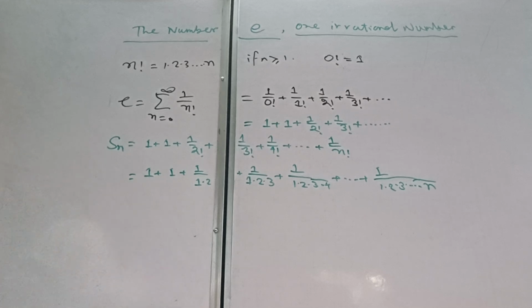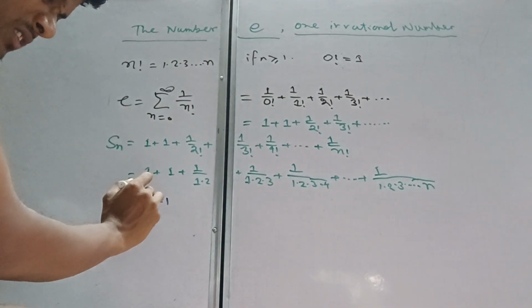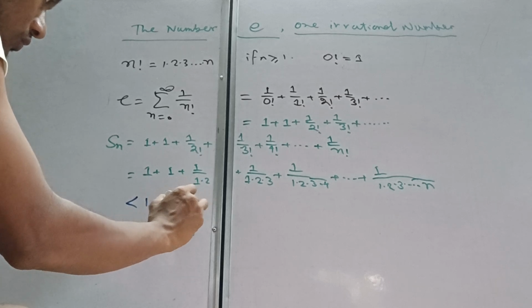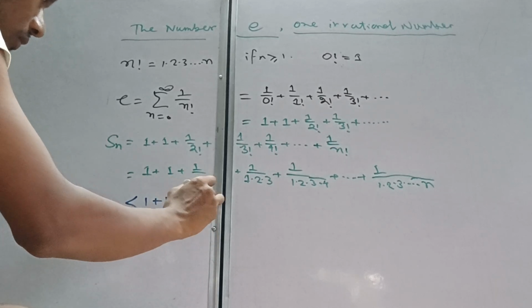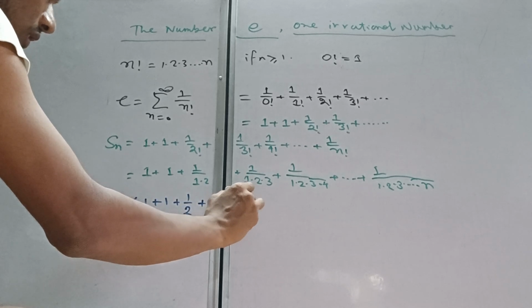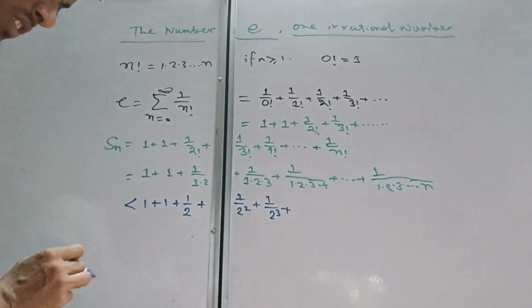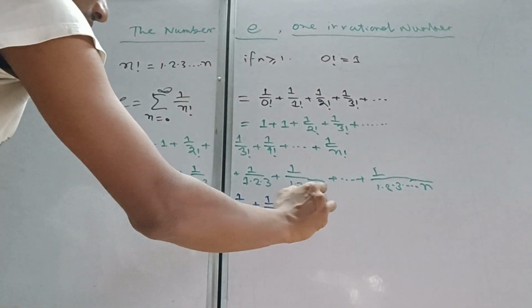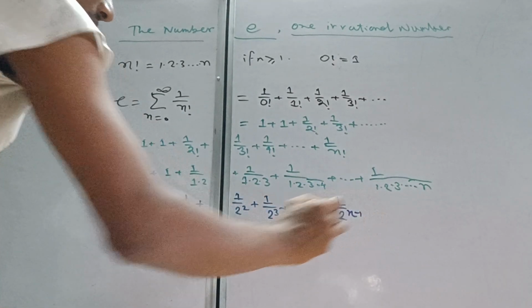Then we also write that this is less than or equal to 1 plus 1 by 2 plus 1 by 2 square plus 1 by 2 cube, and in this way up to 1 by 2 to the power n minus 1.